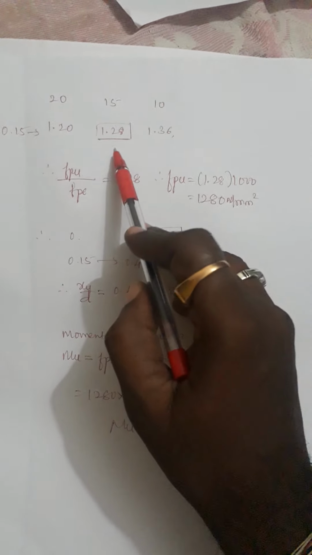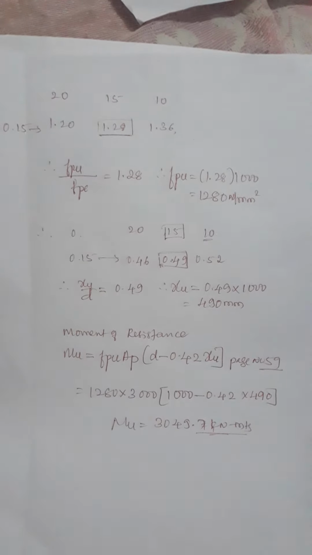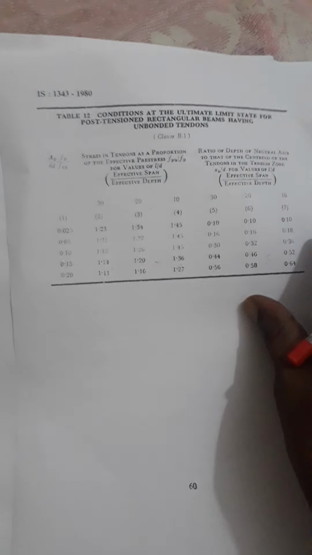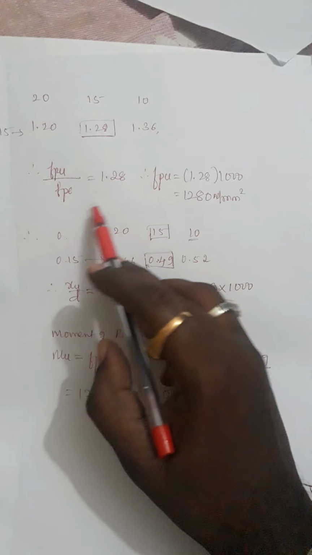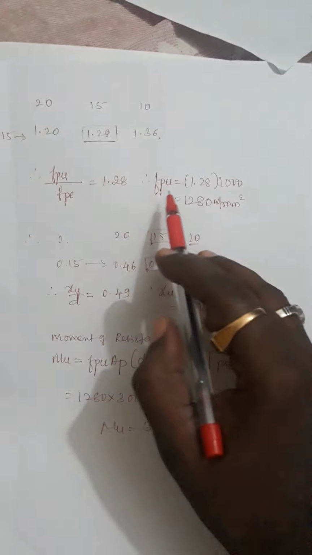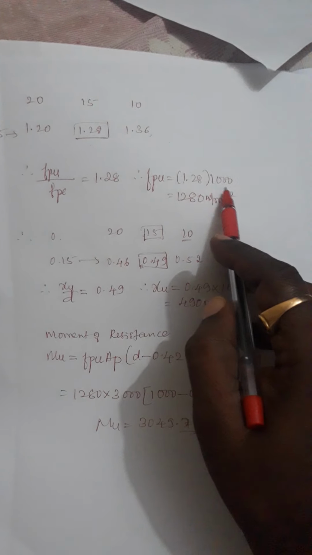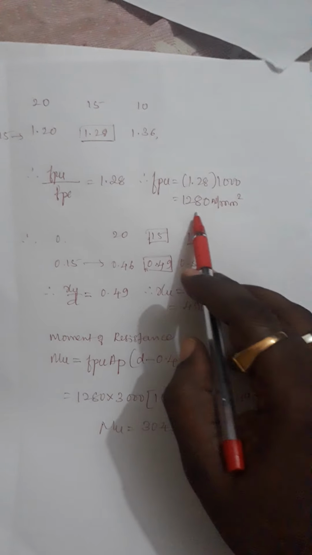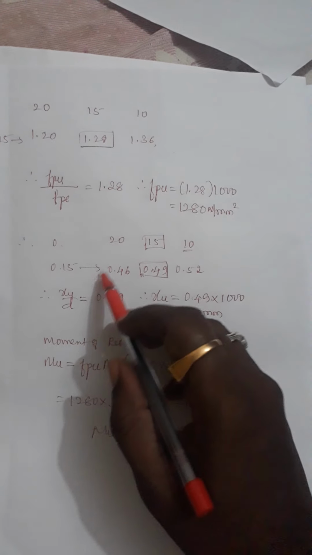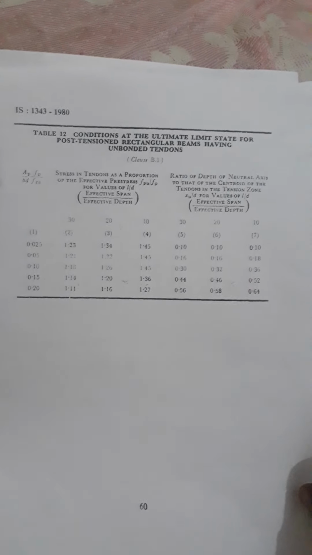By interpolation we have got 1.28. So FPU upon FPE is 1.28. Therefore FPU is equal to 1.28 into FPE, which is 1000, so 1280 Newton per mm square.